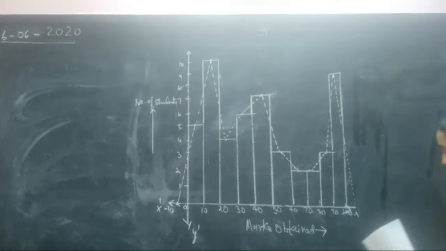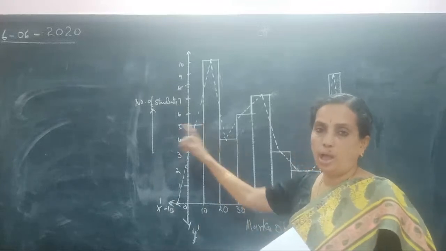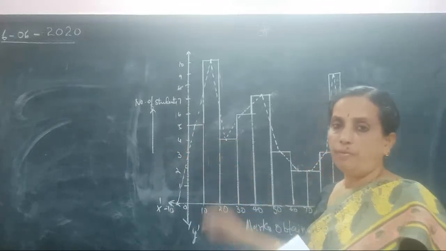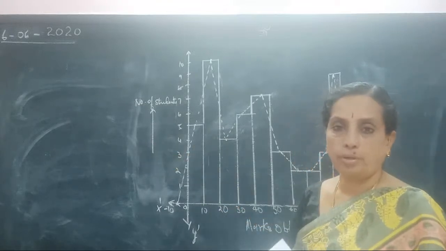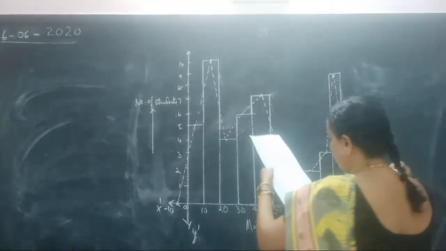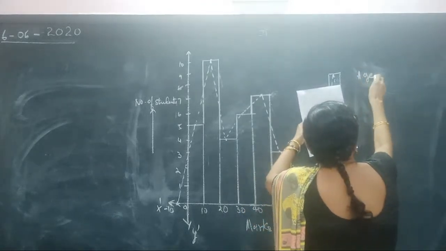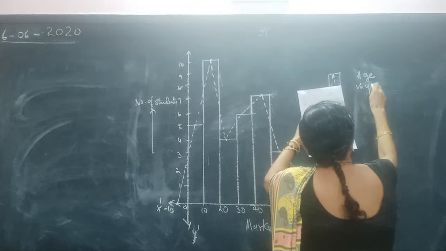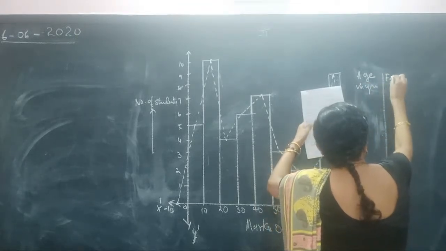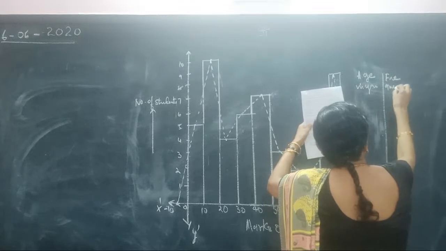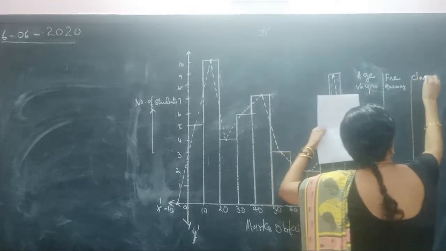So I will write the table and then I will show the graph, so that you will have a comparison of the frequency polygon with histogram and without histogram. Take the table: age in years, then frequency, and the third column is class mark.